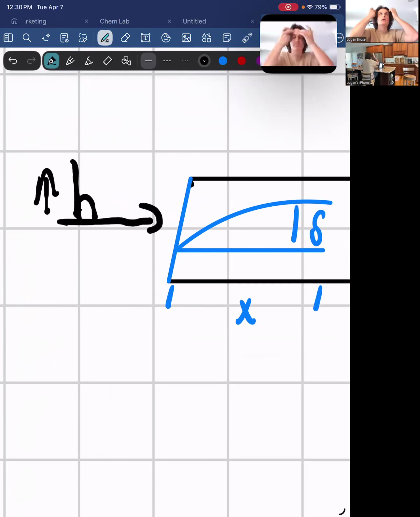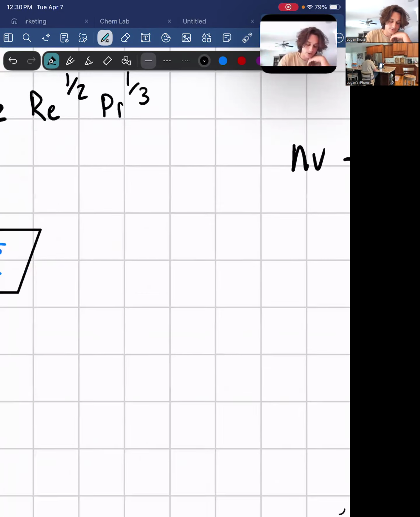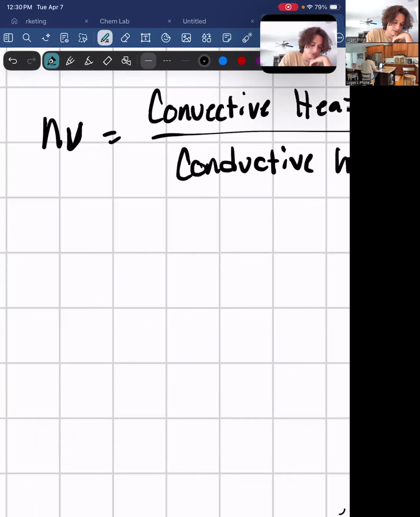Now, how do we do that? We're going to break down this initial equation here. So we have our Nu. Now we can look at our Reynolds number.